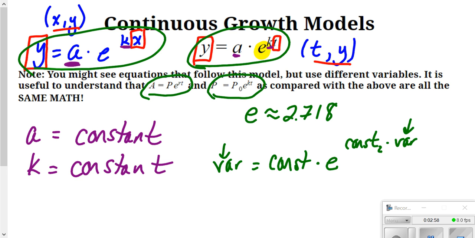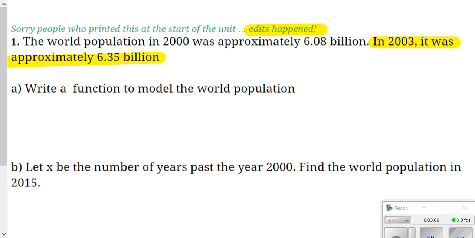I now need to apologize because some of you have printed out copies of this packet, and right before making this lesson, I was looking through and I did make some edits. I am very sorry for those of you who are now crossing things out to make it match what I am looking at. But these first 2 questions just needed a little work to really make the most sense.